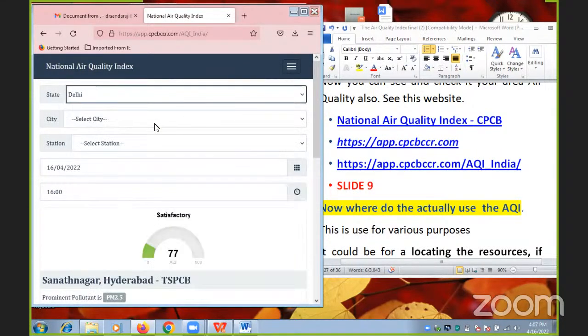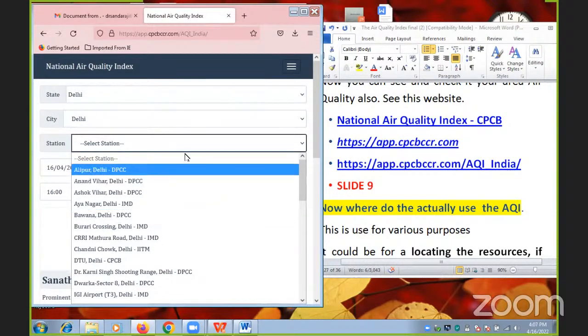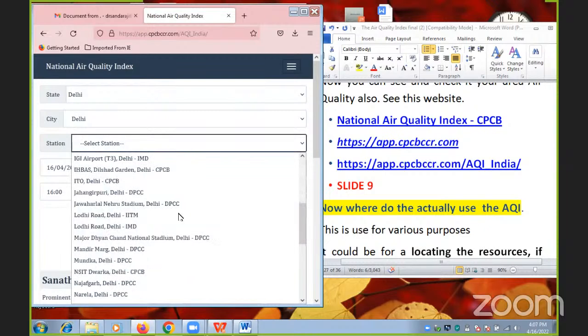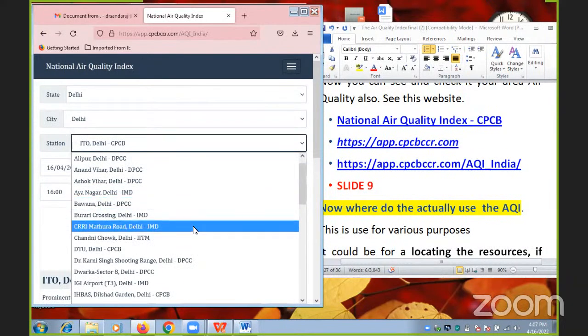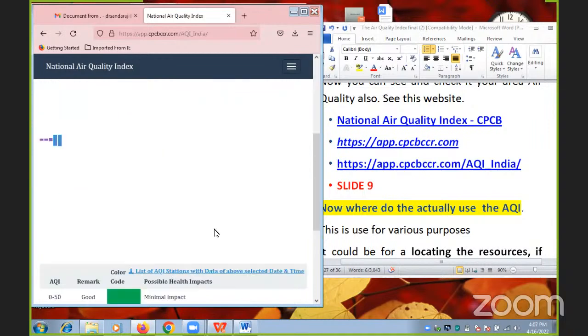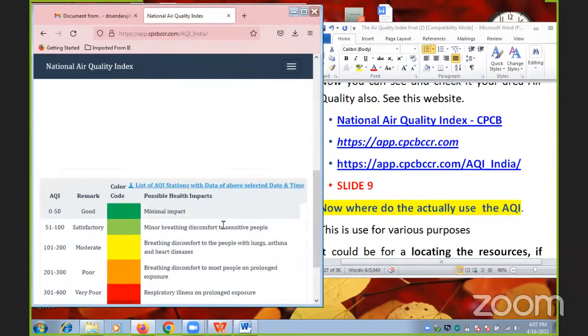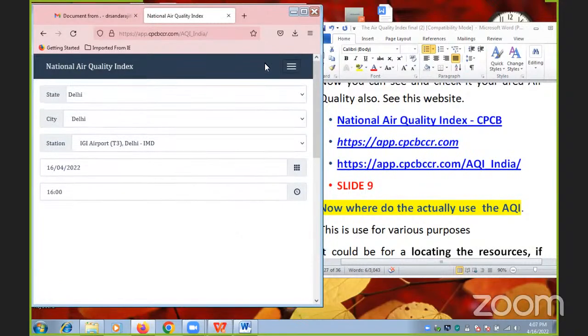So for example, Delhi, right? Select station. So ITO Delhi or wait, airport, IGI airport, right? So you see here, wait. So it is buffering.